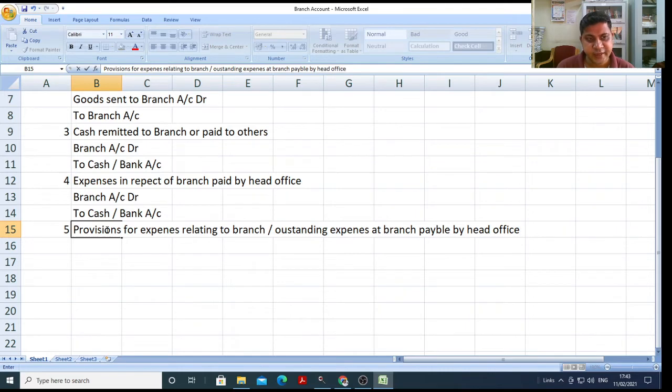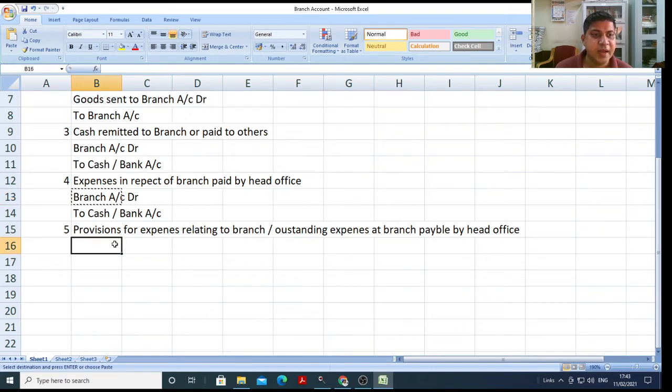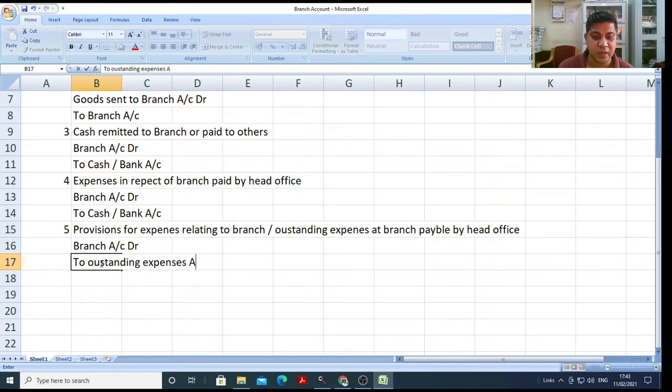How will we write the entry for outstanding expenses? The entry will be: branch account debit to outstanding expenses account. I hope you understood how we will write the entry.